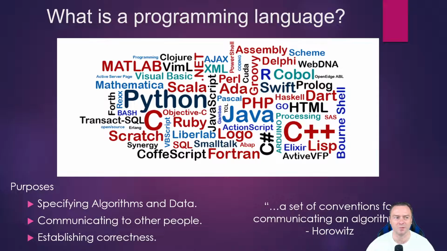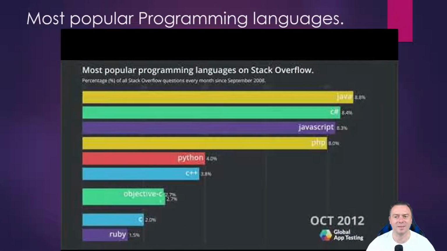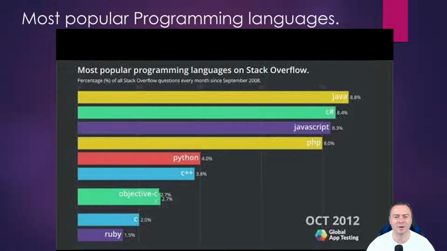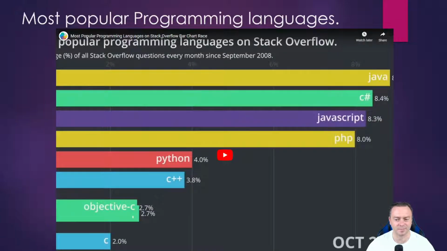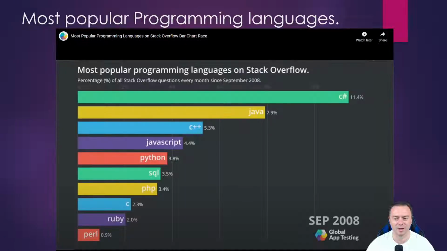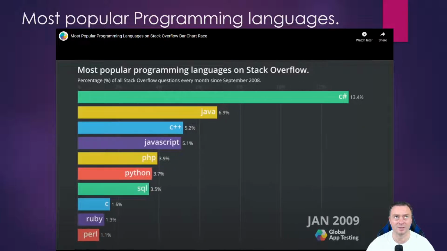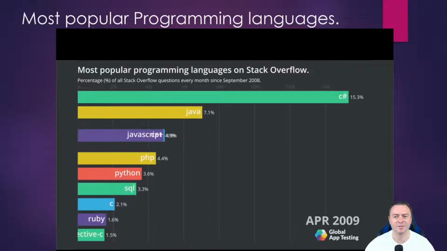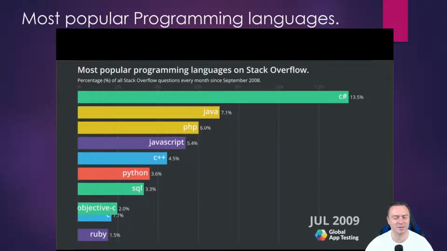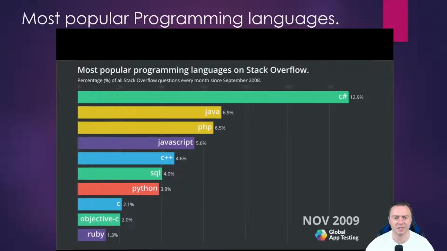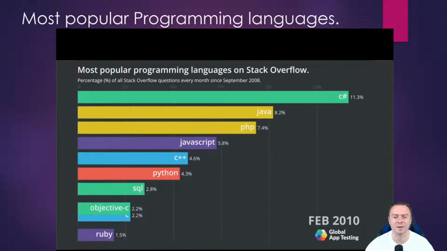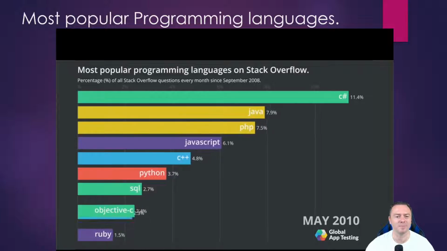The purpose is specifying an algorithm and its data, communicating to other people, and then establishing the correctness of what has been written. So I'm going to show you a quick little video here that shows the most popular programming languages on Stack Overflow. It goes from 2012 up to, I think, 2018. What you'll see is C# is the most popular in 2009. C# is a programming language by Microsoft. Then Java became a little bit more popular.